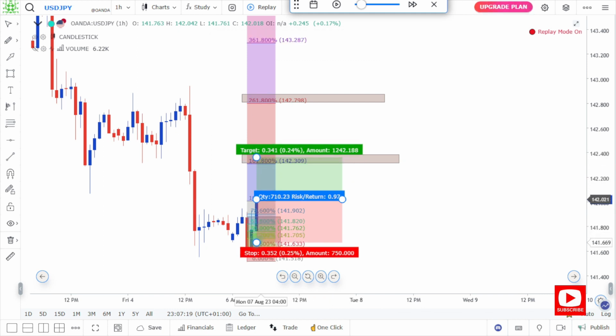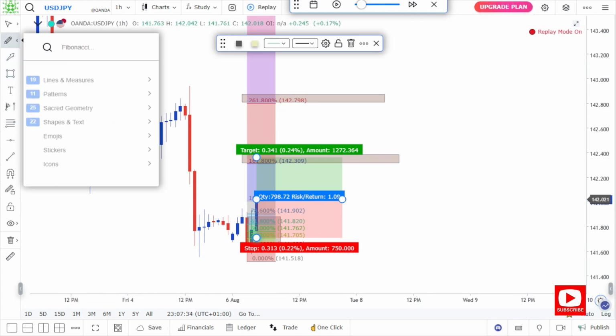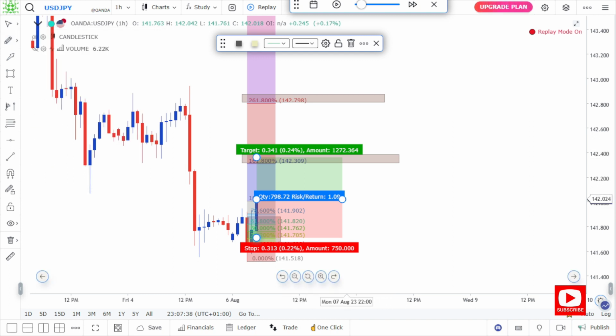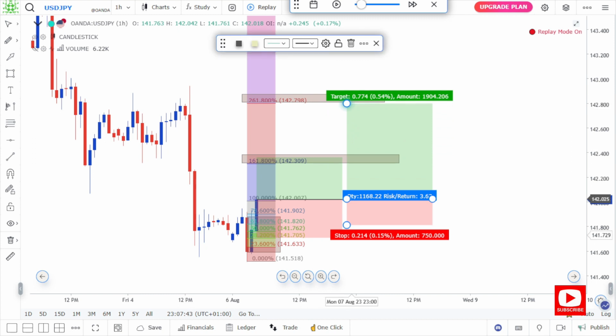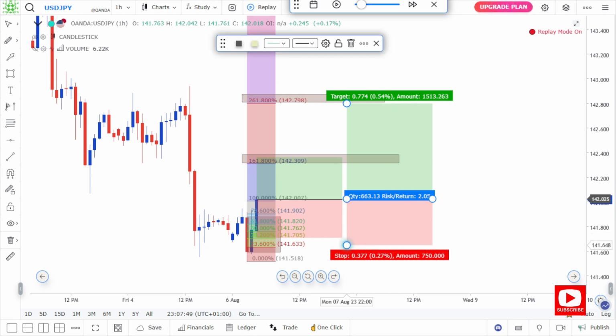Stop loss should be in the 141 level of the Fibonacci. Then we have our take profit 2, which is going to be the 261. Stop loss, 141.